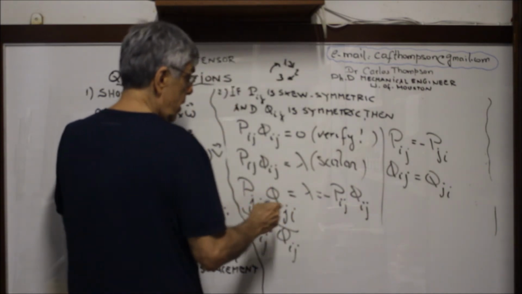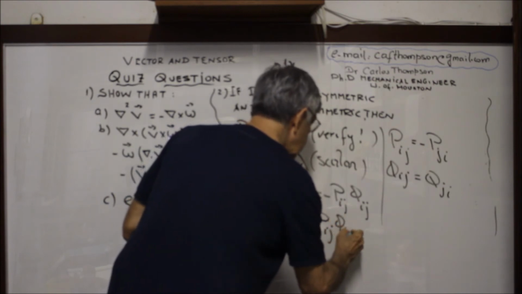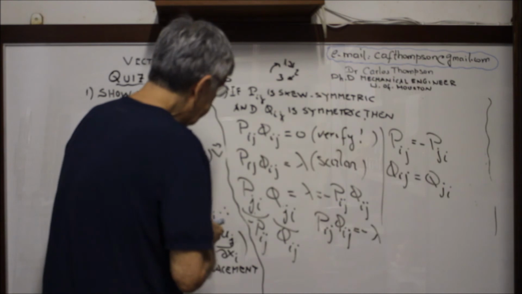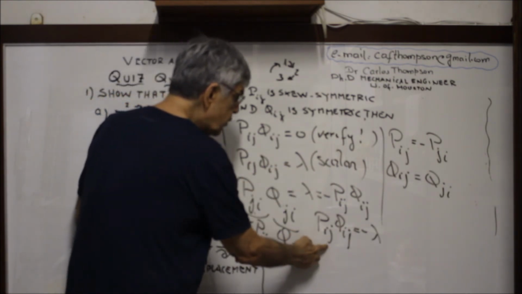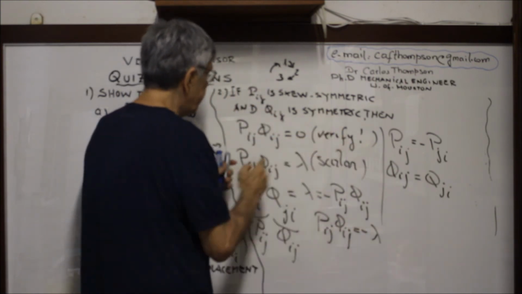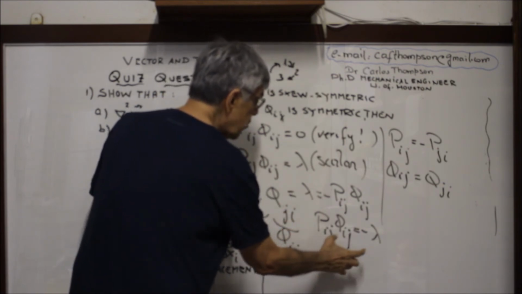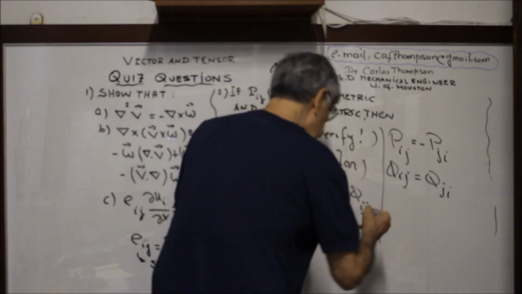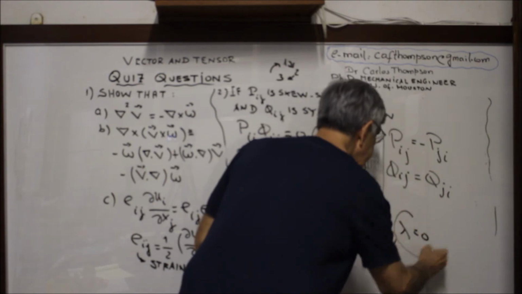Now, Pij Qij is equal to minus lambda. You see, Pij Qij is lambda, and Pij Qij is equal to minus lambda. Suppose lambda is 8. Pij Qij is 8. The same quantity, Pij Qij, is minus 8. This is impossible. It's possible only if lambda is equal to 0.